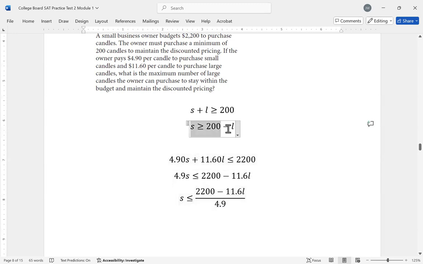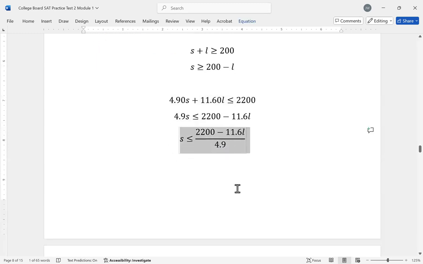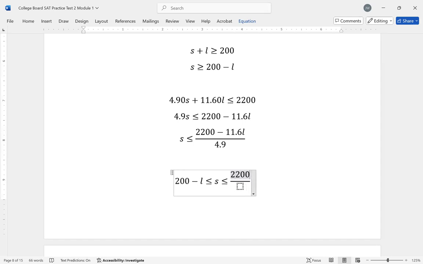And so now I can put this inequality together with this one. In particular, since S needs to be smaller than this one and bigger than this one, I'm going to write it this way: 200 minus L needs to be less than or equal to S, and S needs to be less than or equal to 2,200 minus 11.6 L divided by 4.9.